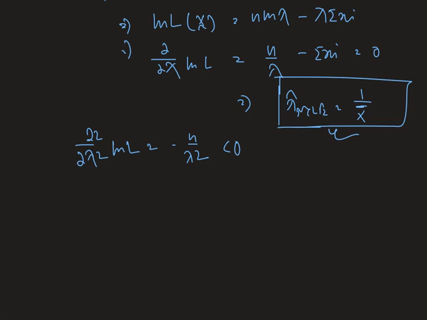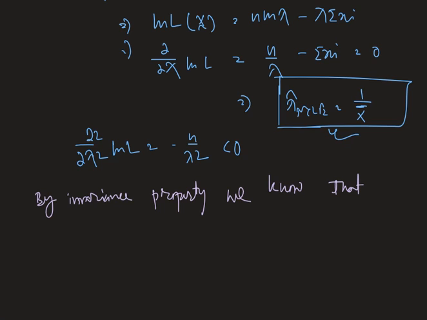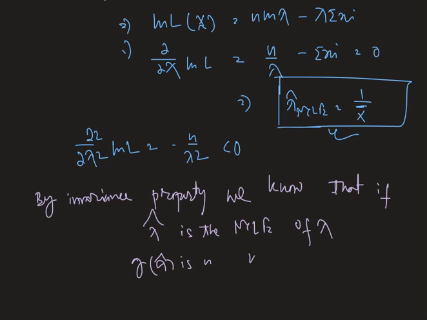Now we know that MLE follows the invariance property. So by the invariance property, if lambda hat is the MLE of lambda, then g of lambda hat is the MLE of g of lambda.